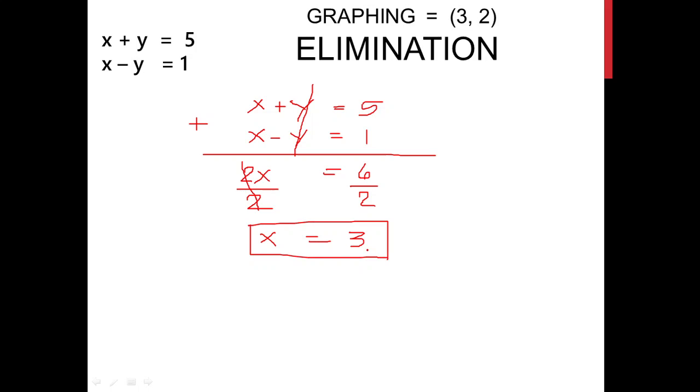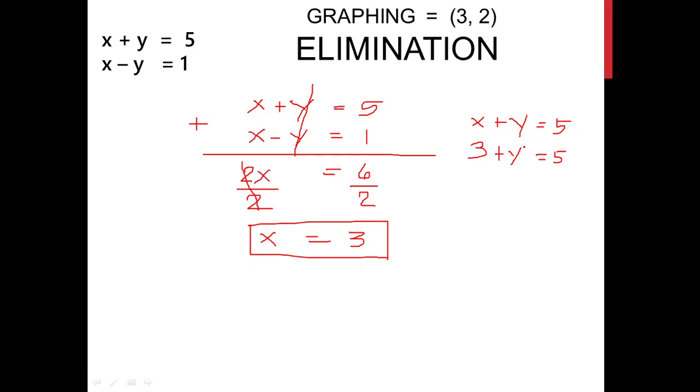All I need to do is substitute the value of x into either of the equations. Say I substitute it in my first equation, x plus y equals 5. My x here is 3 plus y equals 5.